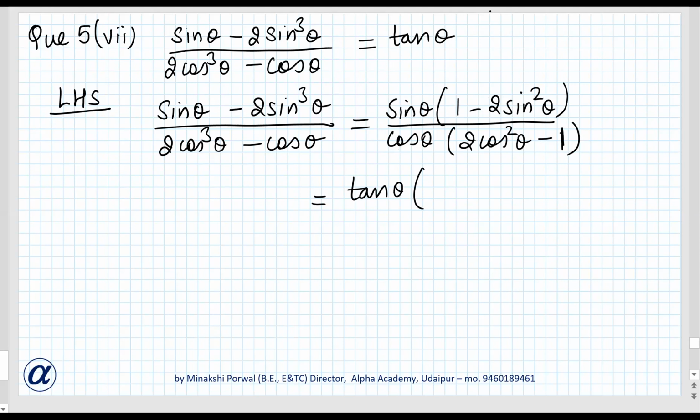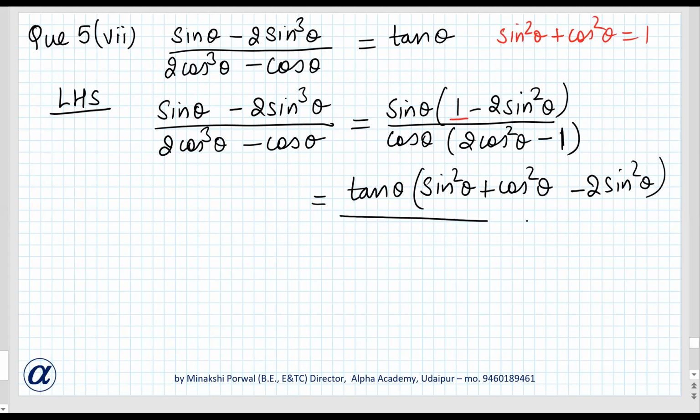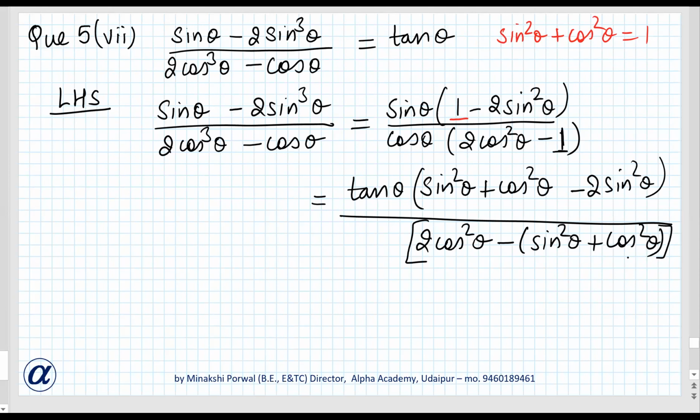We know that sin square theta plus cos square theta is 1. So instead of this 1, I am writing sin square theta plus cos square theta minus 2 sin square theta. In the denominator also, instead of this 1, I am writing sin square theta minus sin square theta plus cos square theta. Okay.